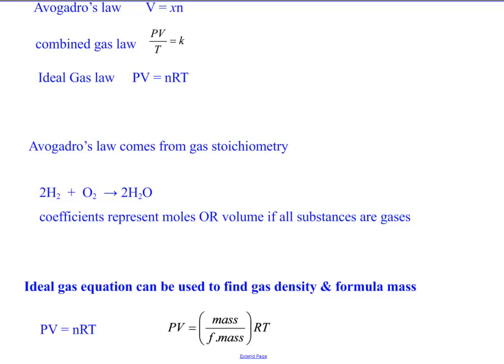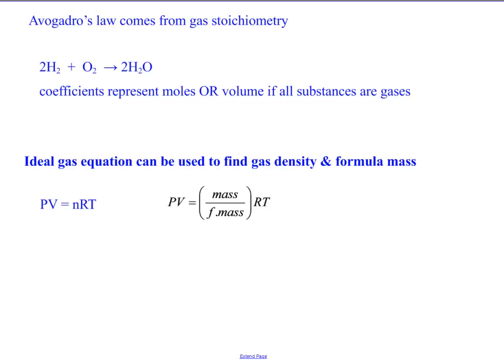The ideal gas equation comes in handy when I want to find other quantities related to the moles, the pressure, or the volume. If I start out with the ideal gas equation, the number of moles is simply the mass of my gas divided by its formula mass. If I wanted to find the density of a gas, I can use the ideal gas equation and do some manipulations. Density equals mass over volume.